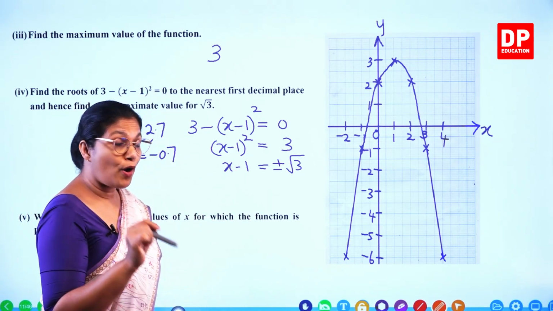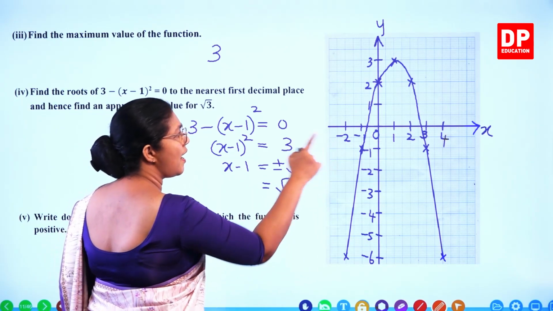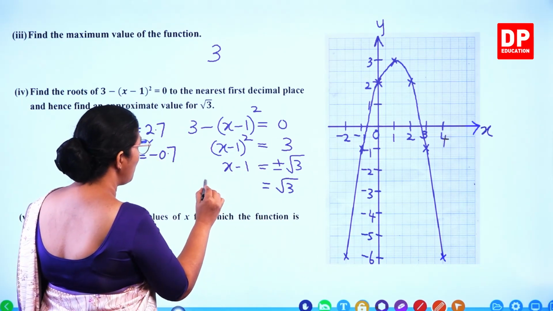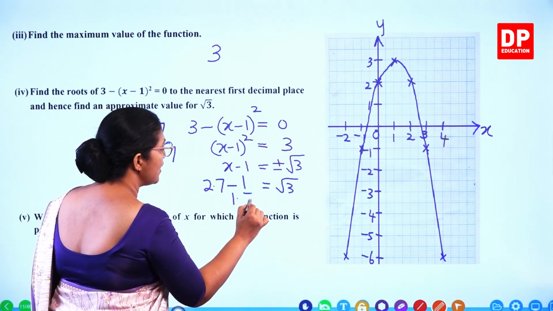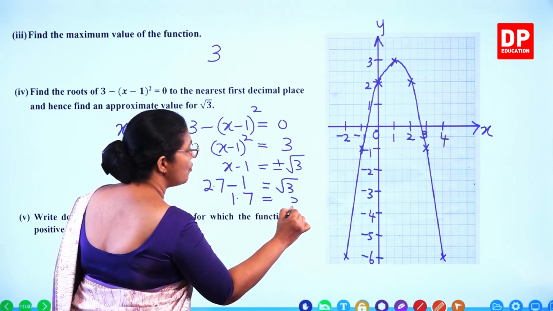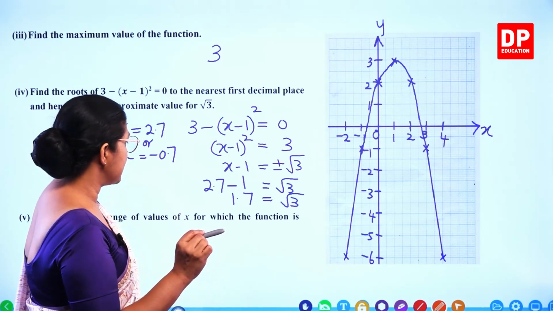So to get the positive root 3, you substitute the positive value, the higher value of x. So 2.7 minus 1, you get 1.7 for root 3 value, correct to 1 decimal place.